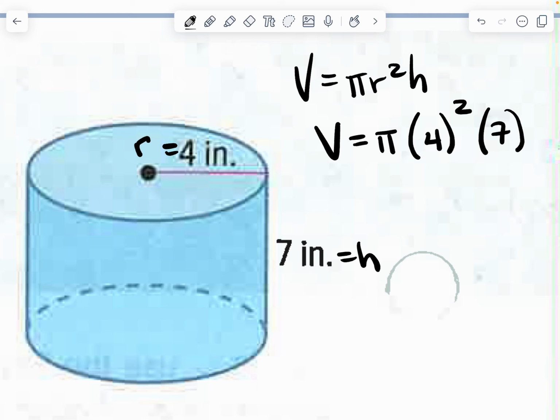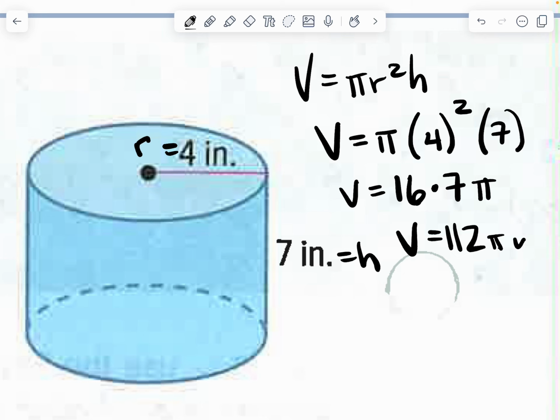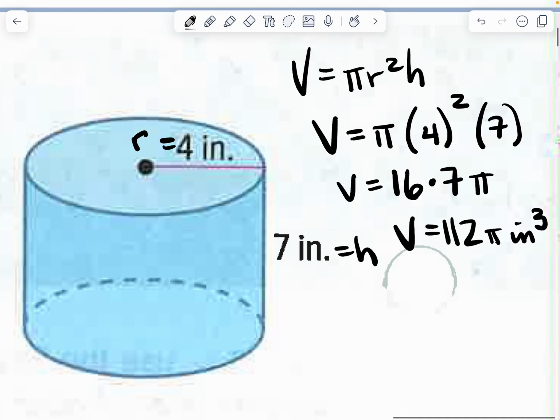Now remember PEMDAS, or your order of operations, and it says that you do the exponents first. So I'm going to do 16, and we're going to be multiplying that by 7. It helps if you have a calculator ready to go. So 16 times 7, 112 pi inches, and it's always going to be cubed.